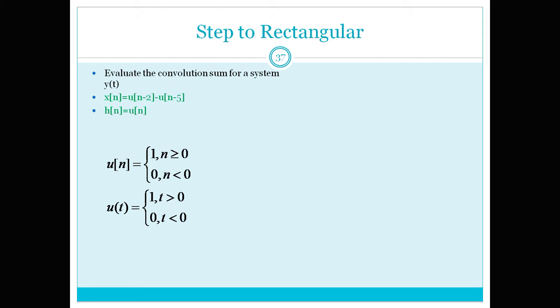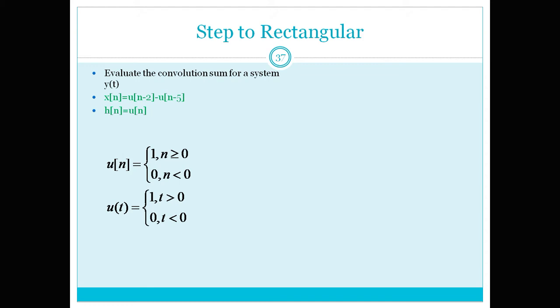If you observe keenly, u of t is not defined at t equal to 0. That is the case in continuous time signals, and that's not the case with discrete time signals. It's clearly defined: at n equal to 0 itself the value is 1. Please keep this point in your mind and then move forward.